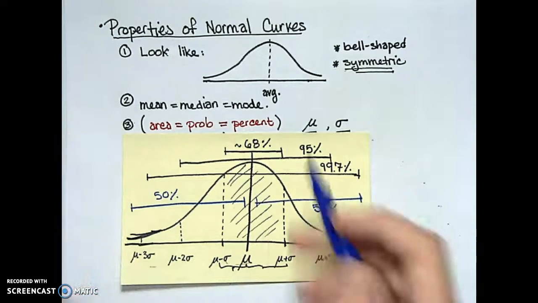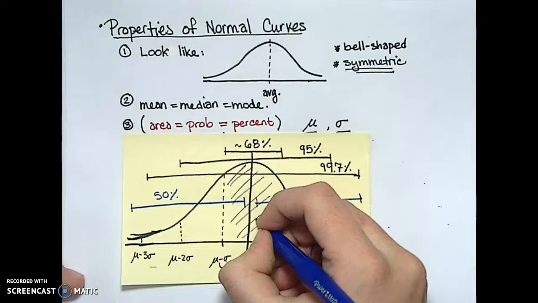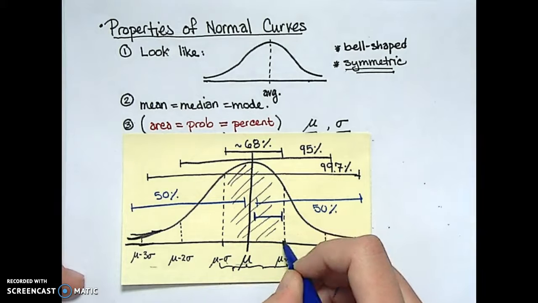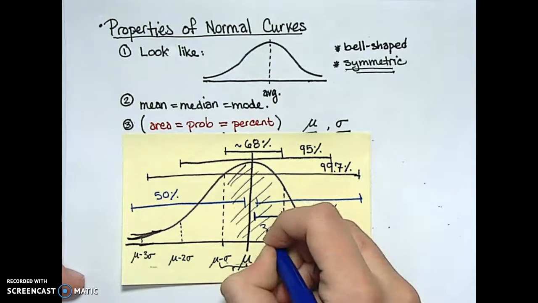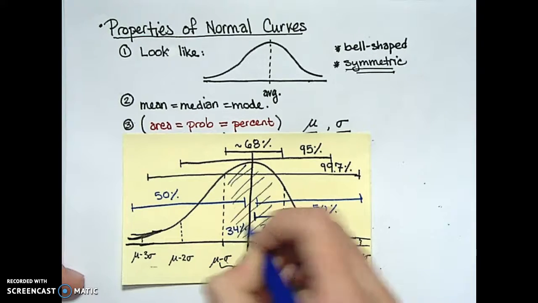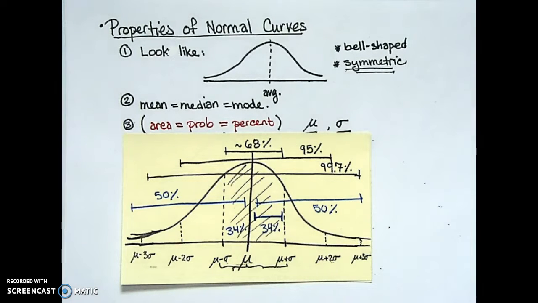Likewise, if we think about this 68, then that means that the portion from the average up to 1 standard deviation away to the right would be about 34%. And you also have 34% on the left-hand side of the average. So don't forget how you can use symmetry with normal curves.